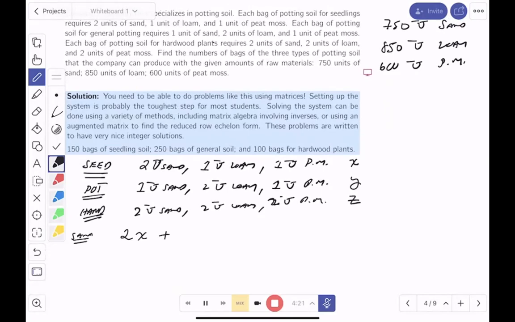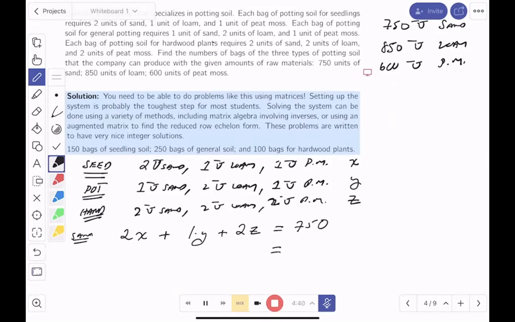Every bag of potting soil requires 1 unit of sand. And every bag of hardwood requires 2 units. This is sand. How much sand do I have? 750.